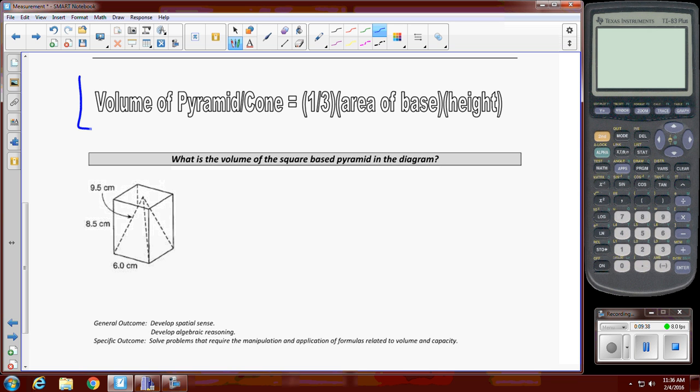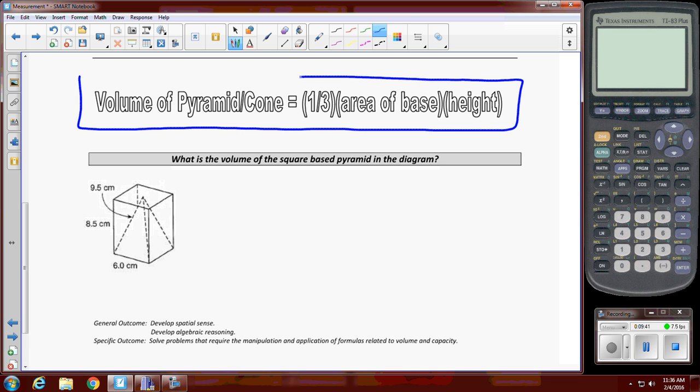And you should have noticed in those videos that if you have a prism like this, the rectangular prism here, if I was to make a pyramid inside that shares the base and is the exact same height as it, this pyramid will take up exactly 1/3 of its volume. So if I can find the volume of the prism it fits in, all I need to do is divide by 3 or times by 1/3, and I'll have the volume of this pyramid.